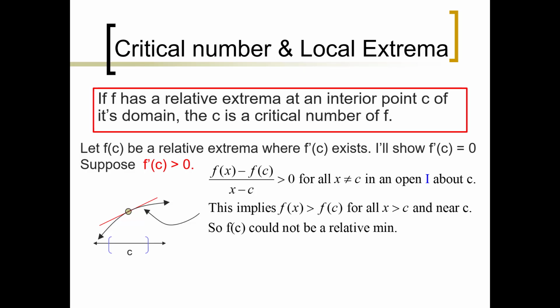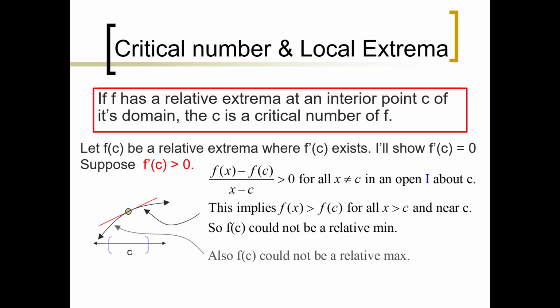Well, since the fraction is positive and the denominator is positive, that means the numerator, f of x minus f of c, must be positive. That would imply that f of x is greater than f of c for all x greater than c and near c. Well then, if the function values are always more than f of c, it can't be a relative max.